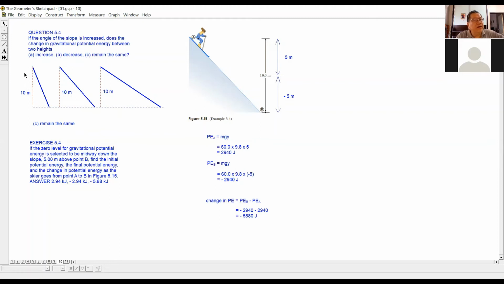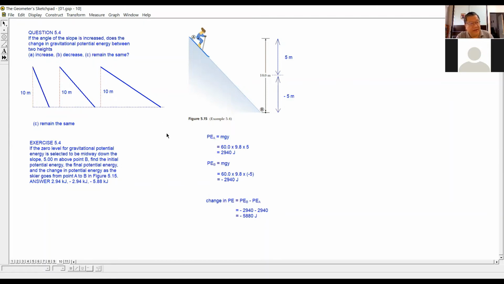Now the question is, let's say one person slides down the slope from the top to the bottom with three different types of inclination. Then they ask, is the change in potential energy from the top level to the bottom level the same?